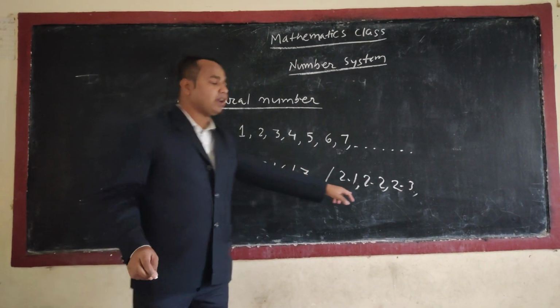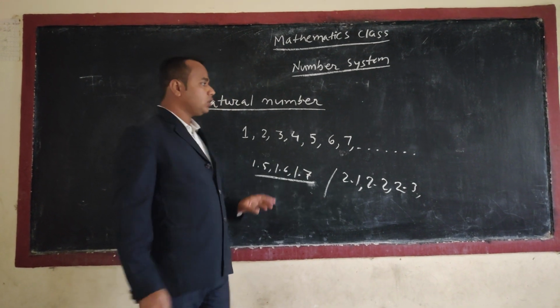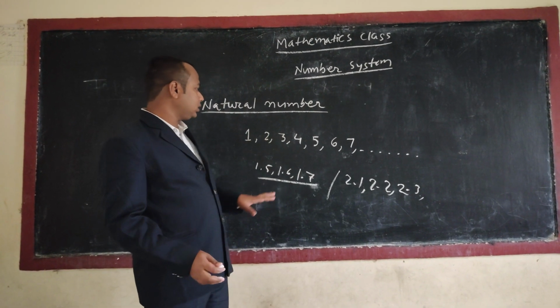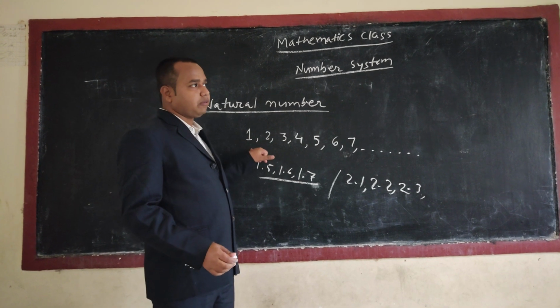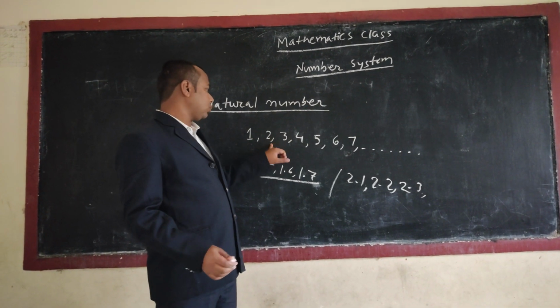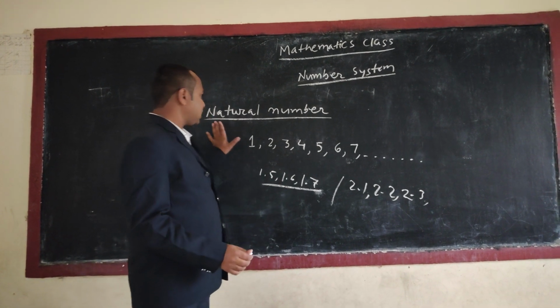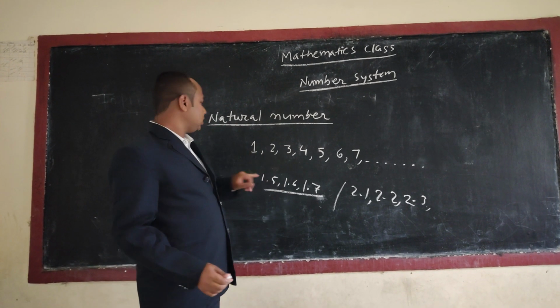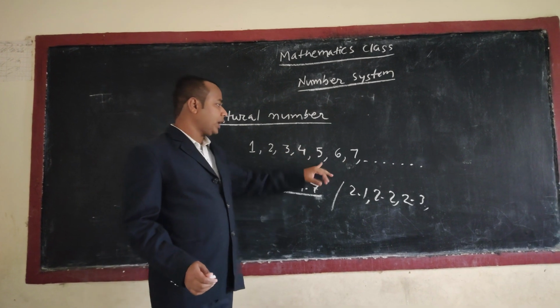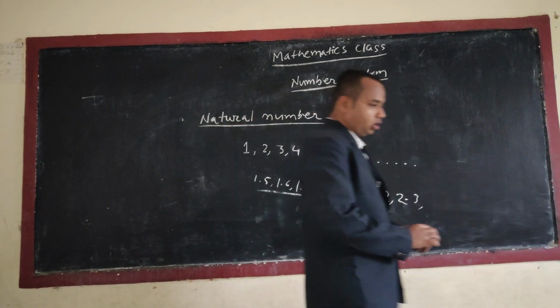But these numbers cannot be used for counting. That's why in the set of natural numbers, after 1, 2 will come, after 2, 3 will come, after 3, 4 will come. So in the set of natural numbers: 1, 2, 3, 4, 5, 6, 7, dot dot dot.